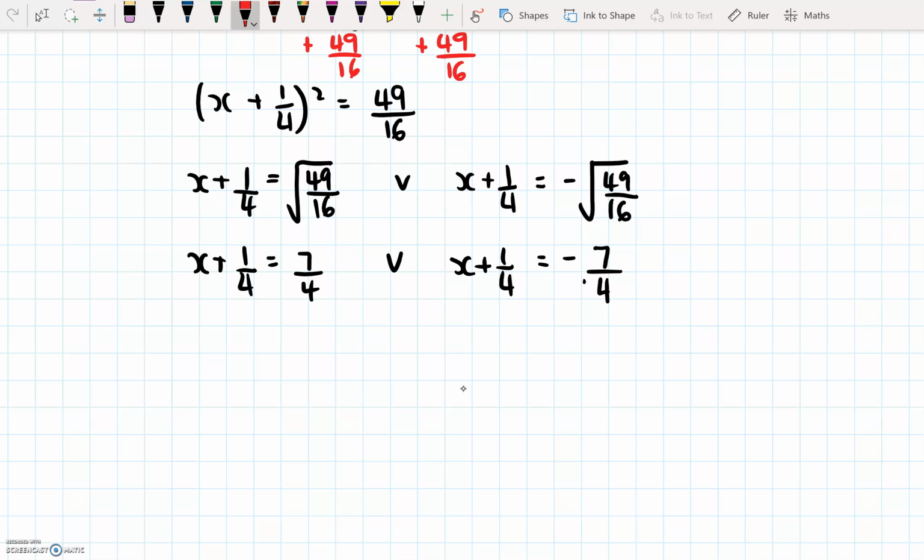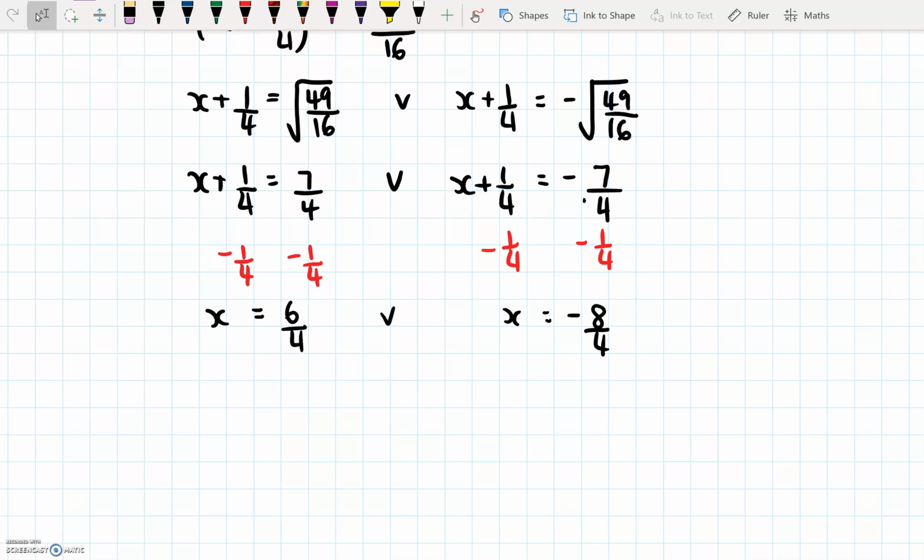All we have to do is minus 1/4 from both sides, and here we will get x is equal to 7/4 minus 1/4 is 6/4. Over here, same thing, we minus 1/4, so we get x is equal to minus 7/4 minus 1/4 is minus 8/4.